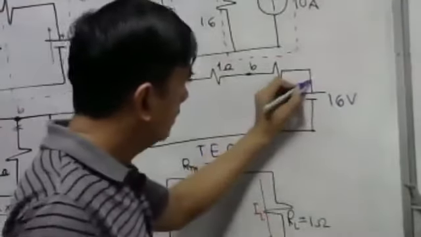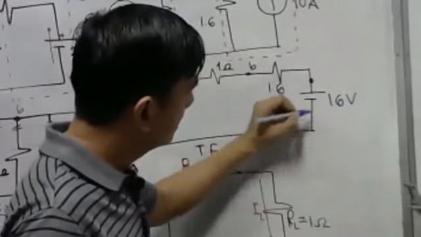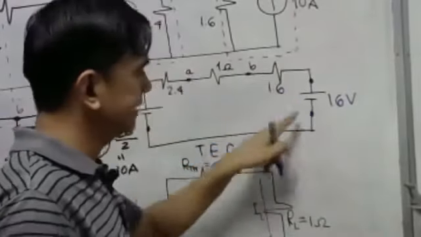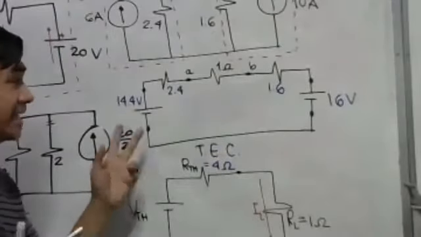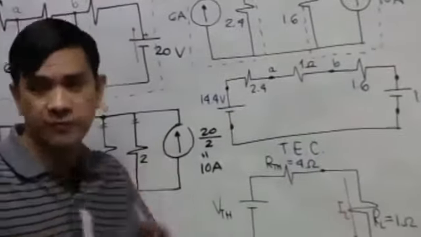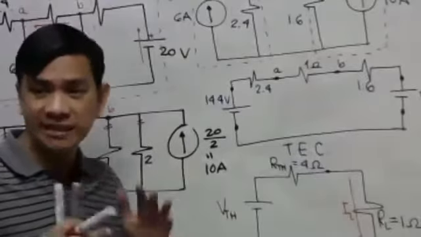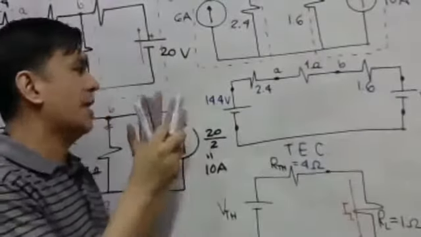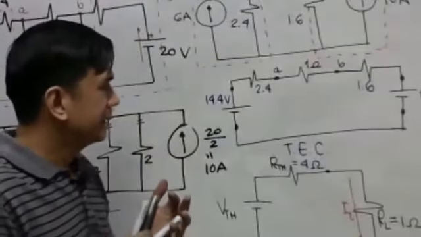Then we have here the positive terminal of the 16 volt source and the negative terminal of the 16 volt source. What kind of series connection do we have, just like what we have discussed before? Is this connected in series aiding or in series opposing? Which of the two? Let's take a look.